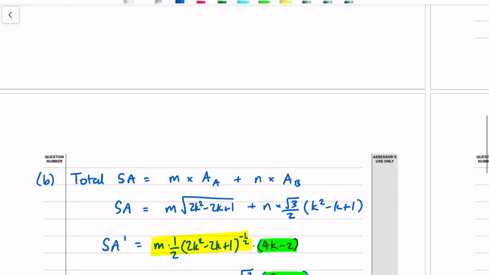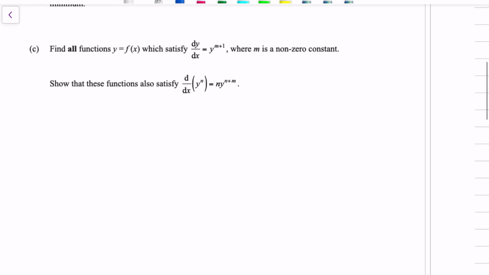Alrighty, part 3. Find all functions that satisfy this differential equation, then show that these functions also satisfy this other differential equation. Okay, so first up we're solving dy/dx equals y to the power of m plus 1.